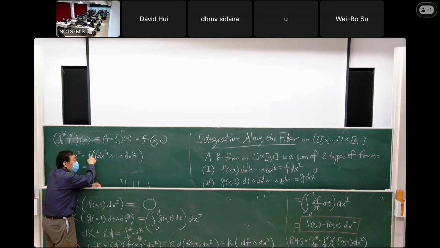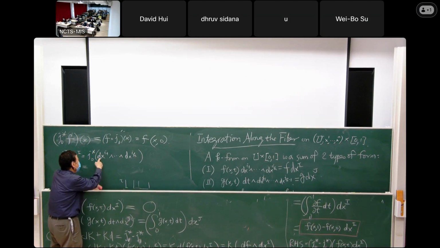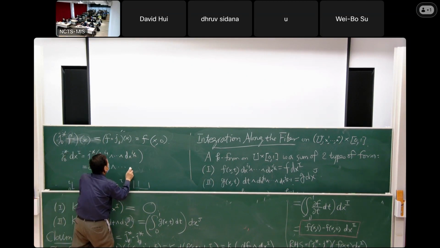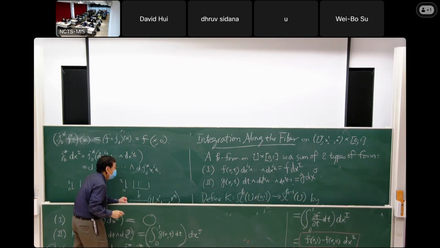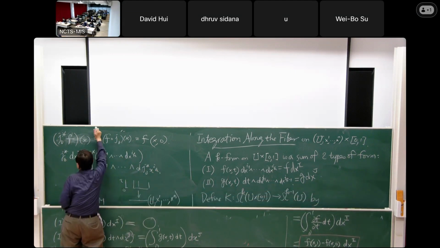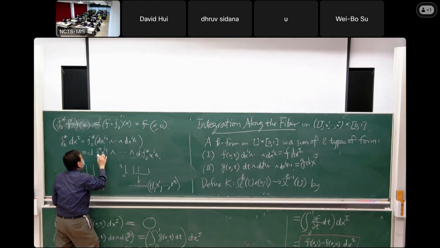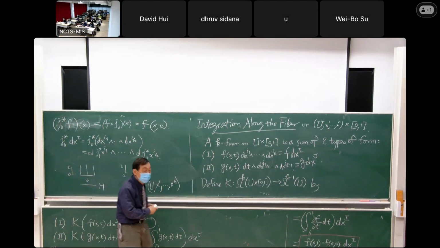And the pullback commutes with the wedge and with d. So I get d J0 star xi1 wedge d J0 star xik.